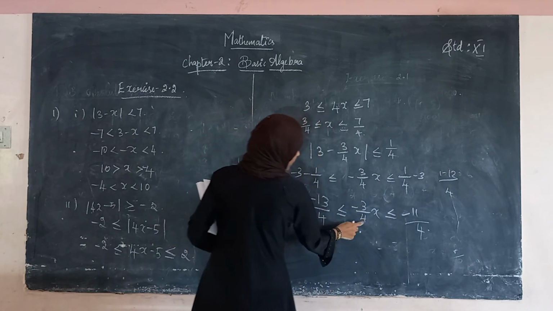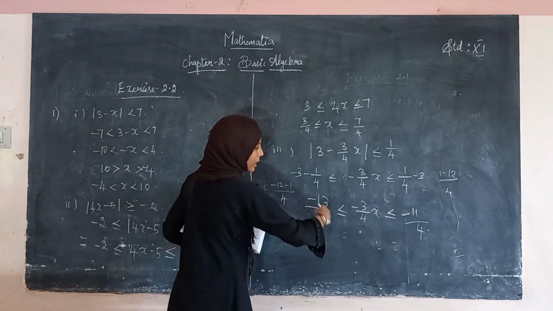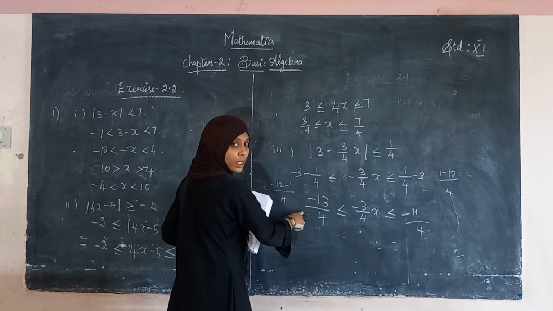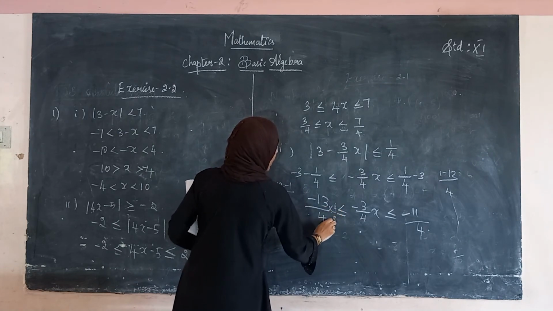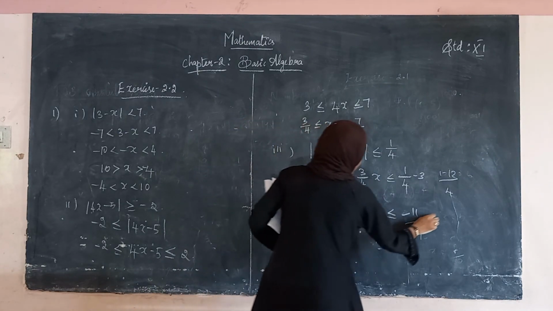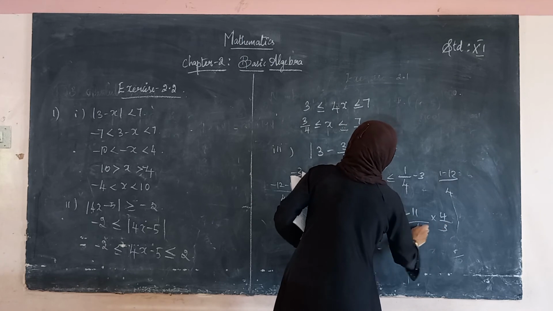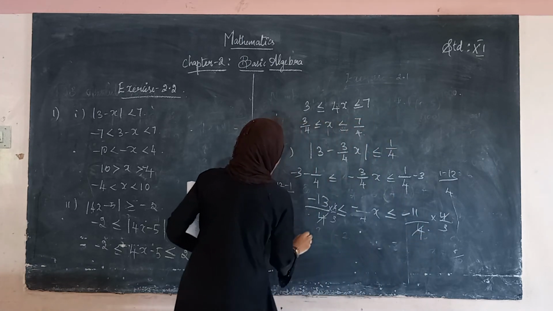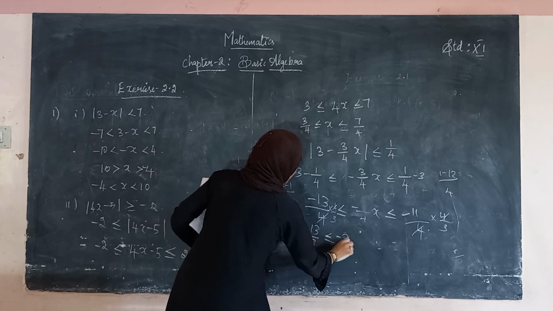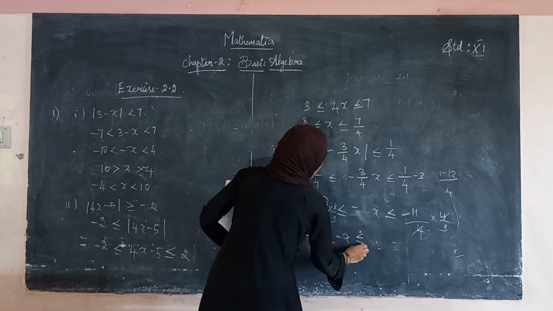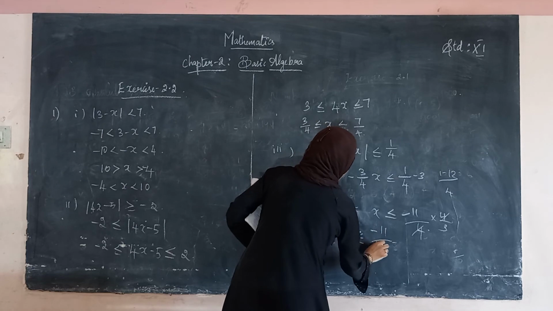Now bring this 3 divided by 4 to both sides, it becomes the reciprocal and should be multiplied. So 3 divided by 4 means 4 divided by 3 into 4 divided by 3. What will be the answer? Minus 13 divided by 3 is less than or equal to minus x, less than or equal to minus 11 divided by 3.